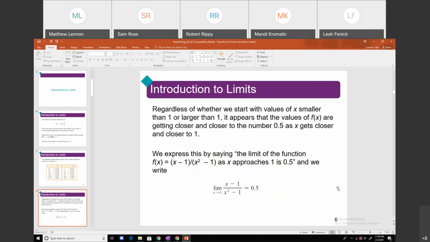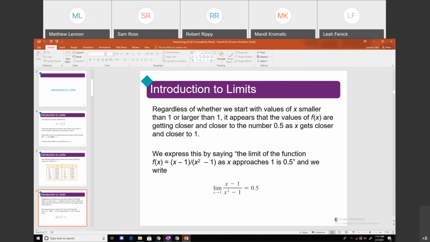So we have some notation here. This limit notation talks about what the x value is traveling toward and what function you're talking about. If we know the point it's moving towards, we can say it equals that value.